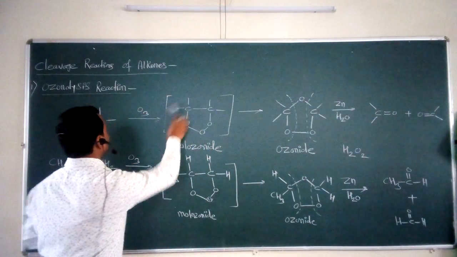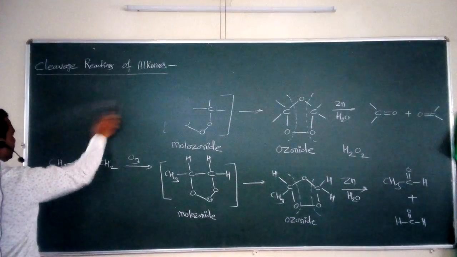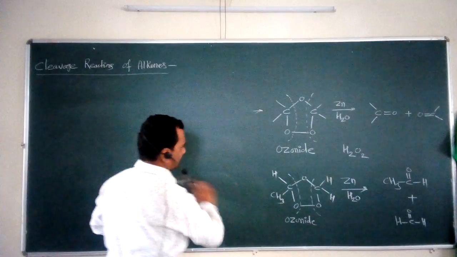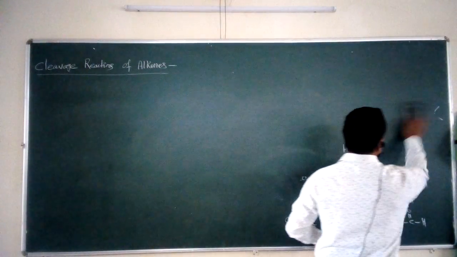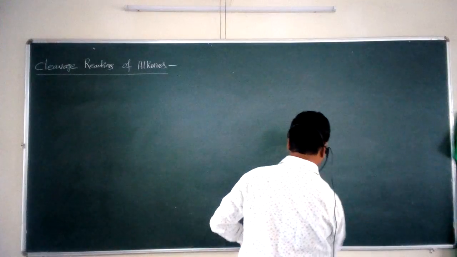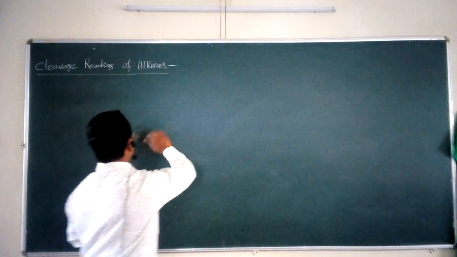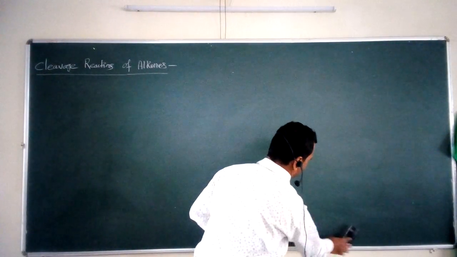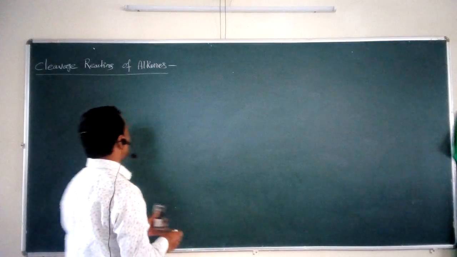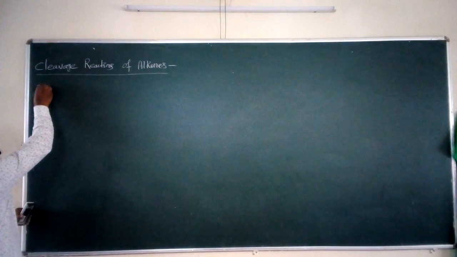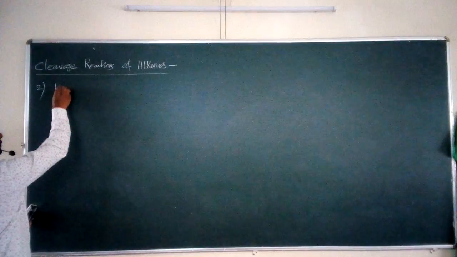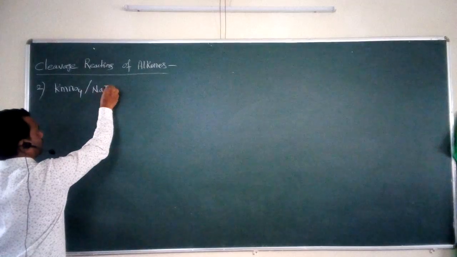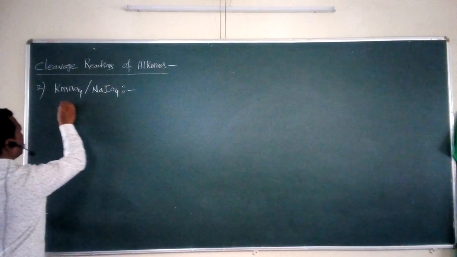After this ozonolysis reaction, we take the next important reaction given by these alkenes. The second important cleavage reaction given by these alkenes is the interaction of these alkenes with a reagent, the cleavage reaction by KMnO4 and NaIO4, that is called the periodate.